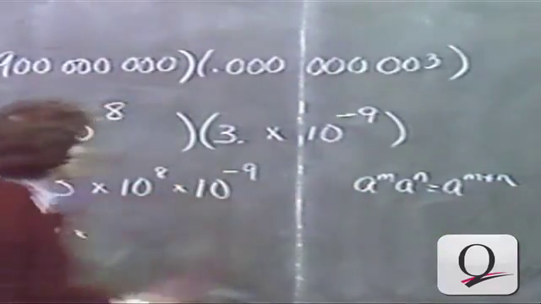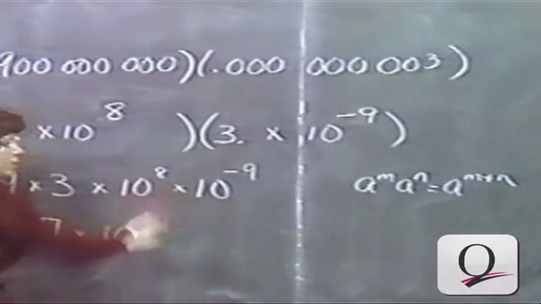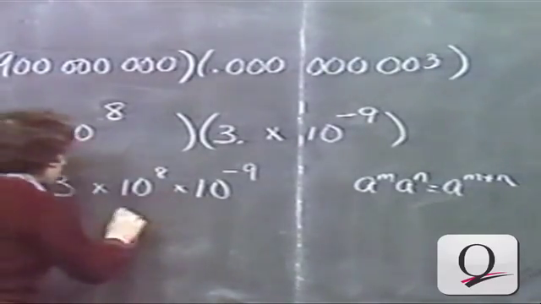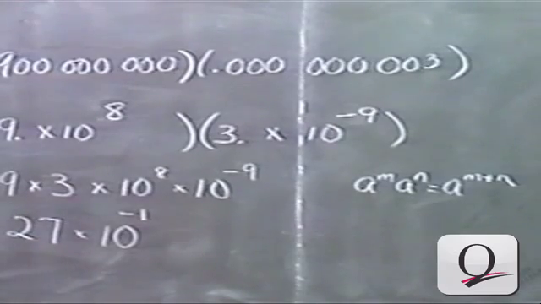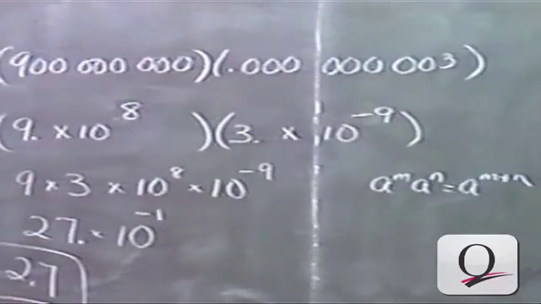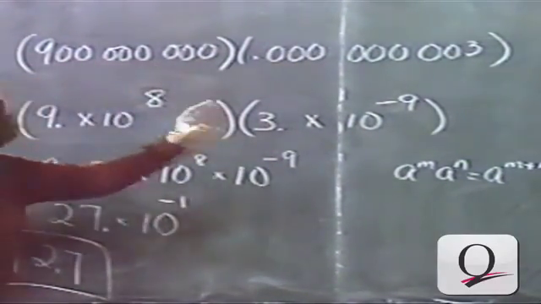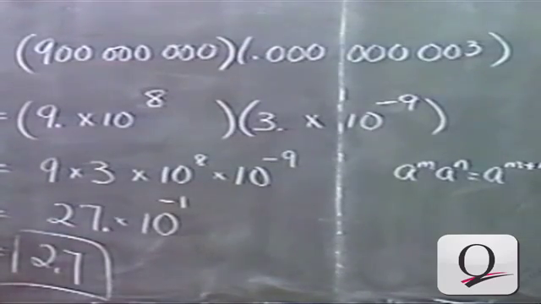The base is the same, so when you multiply, you add the powers. 8 and the minus 9 gives you minus 1. This is, of course, 27 times 10 to the minus 1. To multiply by 10 to the minus 1, you move the decimal one place to the left, giving a final answer of 2.7. So you see that the answer of 0 that most calculators would give is not correct, and scientific notation provides us with the correct answer.